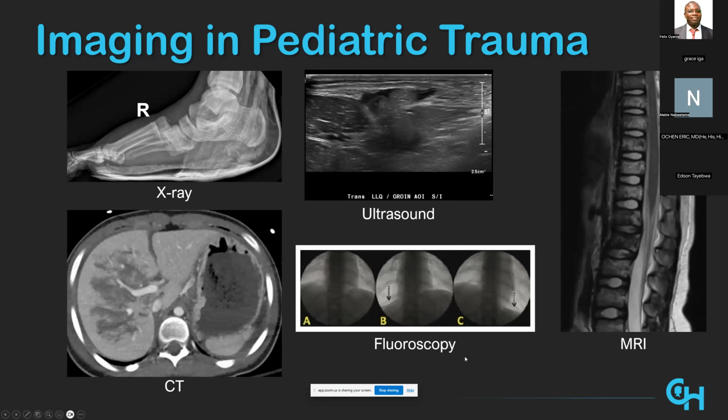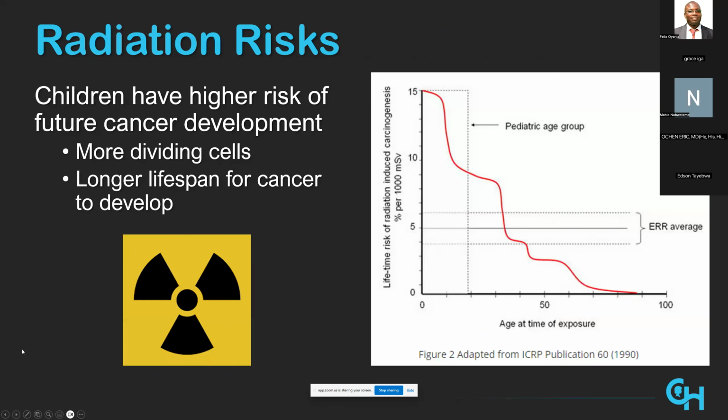And finally, MRI is very rarely needed in trauma cases, but occasionally is needed, most often for a spine injury, where we're looking for something in the spinal canal that we can't see with CT or other modalities. So as an overview of the types of imaging you might encounter in pediatric trauma, there's a wide range of things that we do, but CT is really the way that we evaluate kids who may have serious injuries. So we'll talk about that.